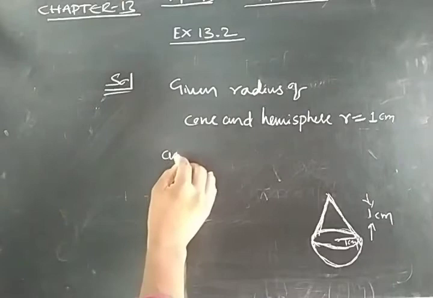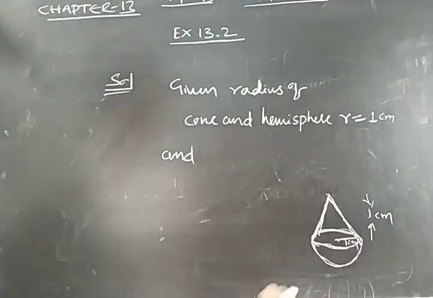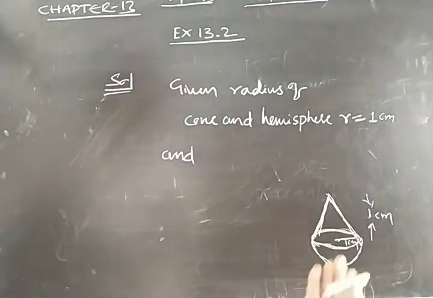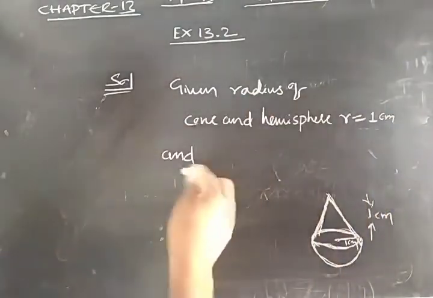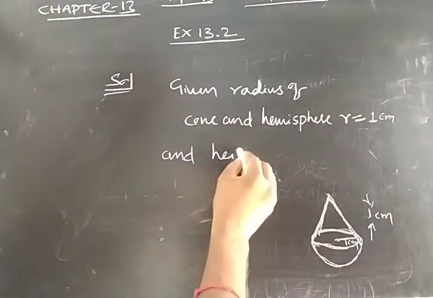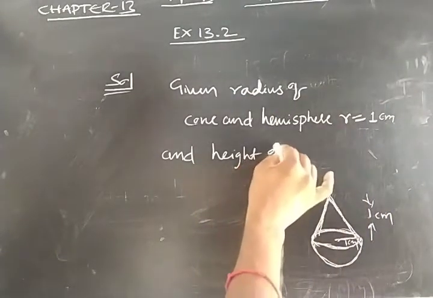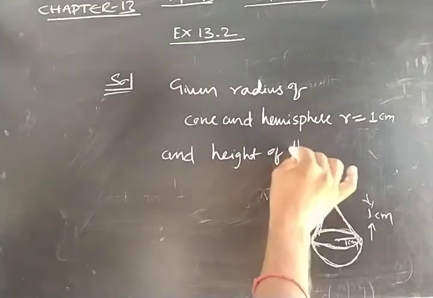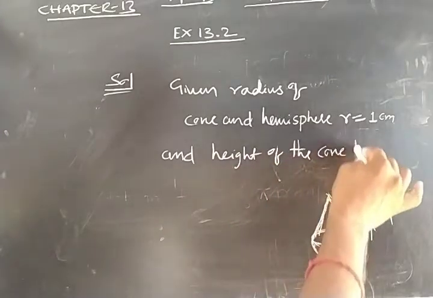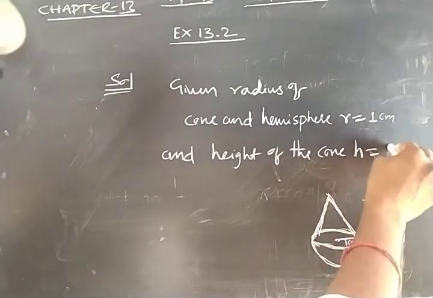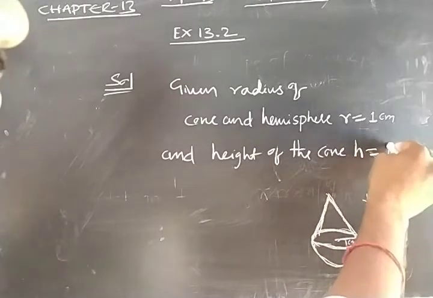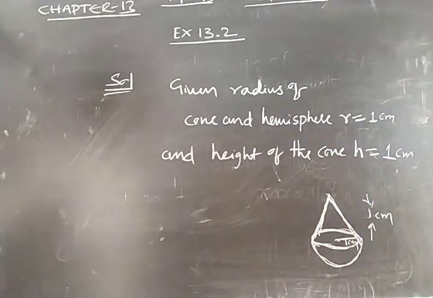And one more thing, the height of the cone is also equal to the given radius, 1 centimeter. So the height of the cone, I am denoting by h, which is equal to the radius, so 1 centimeter. The height of the cone is also 1 centimeter.